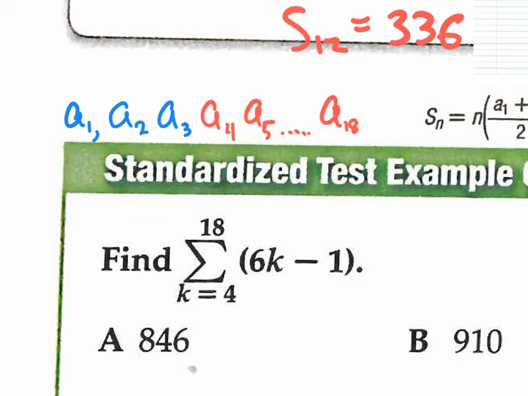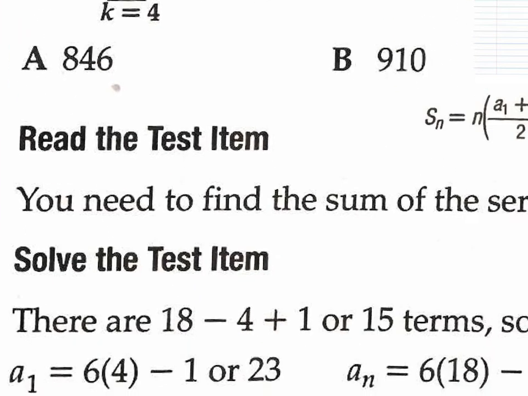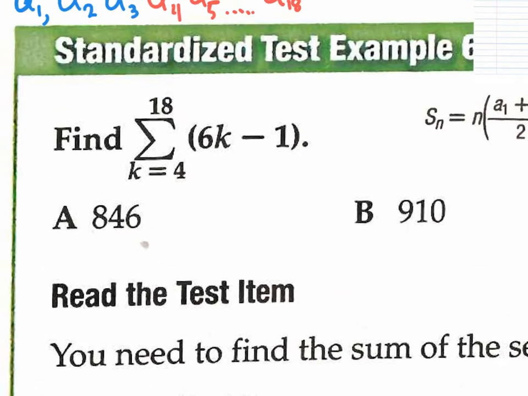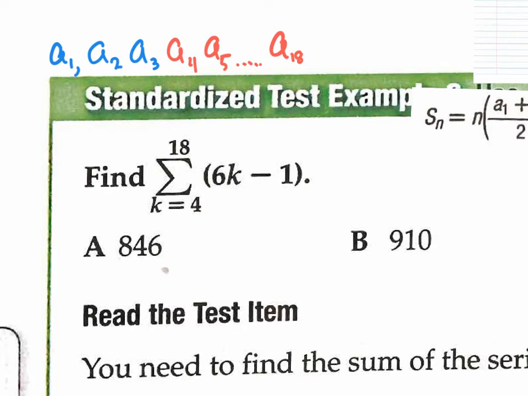So that's where the book gets this 18 take away 4 plus 1. There's a plus 1 because you include that 4th term in your list, right? You start with a sub 4, so that's 1, 2, 3, 4, 5, till you get all the way to that a sub 18, which is no longer 18 terms, but actually now 15 terms.